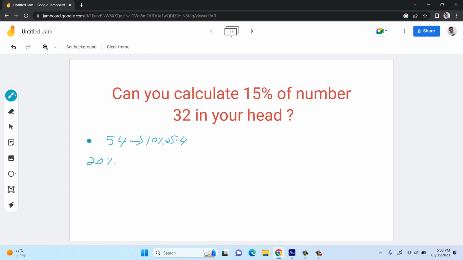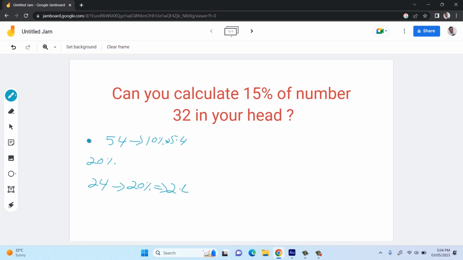Now let's just see how we can calculate 20% of any number. So to calculate 20% of any number, we have to first calculate 10%. So let's just see how we can calculate 20% of number 24. So first we have to calculate 10%. So 10% will become 2.4, right?